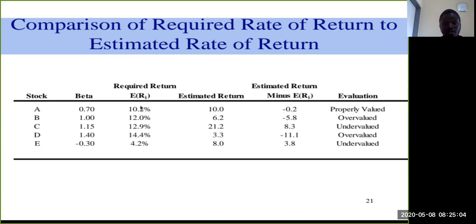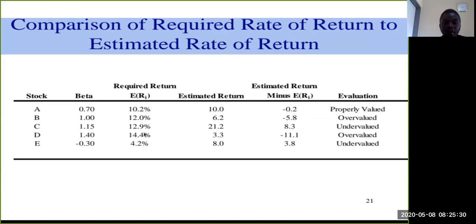You see? For the first stock, we calculated 10.2%. Comparing it to 10%, we found this as the difference, which gave us a negative 0.2%, which was properly valued.